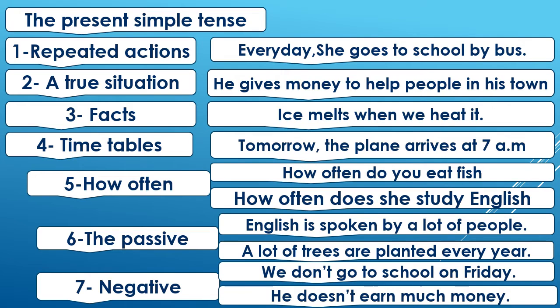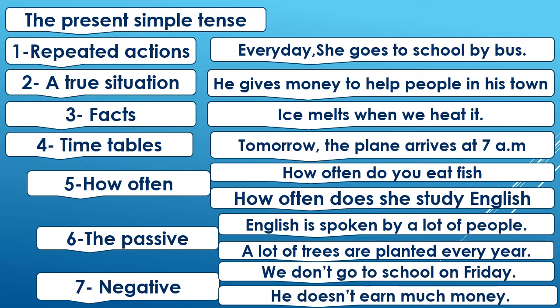We don't go to school on Friday. We can make the sentence negative by using don't or doesn't, like this example. He doesn't earn much money. Okay, we can use never in the first sentence.